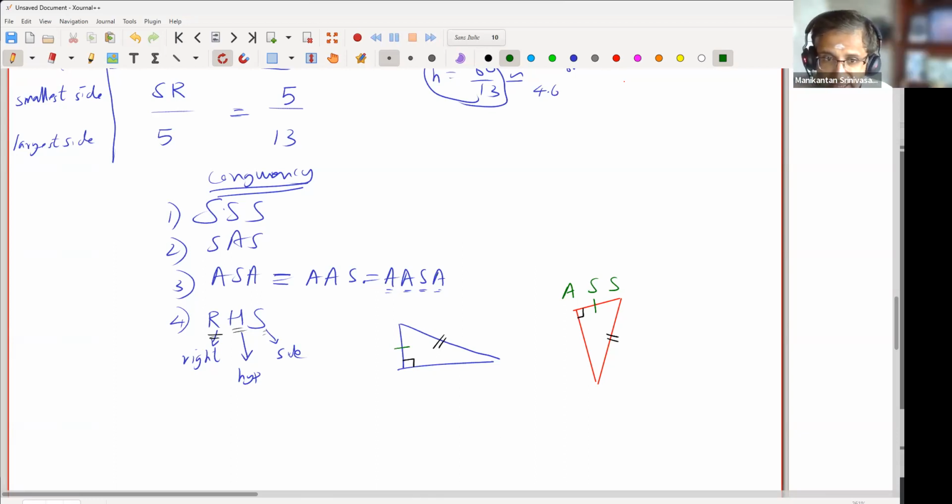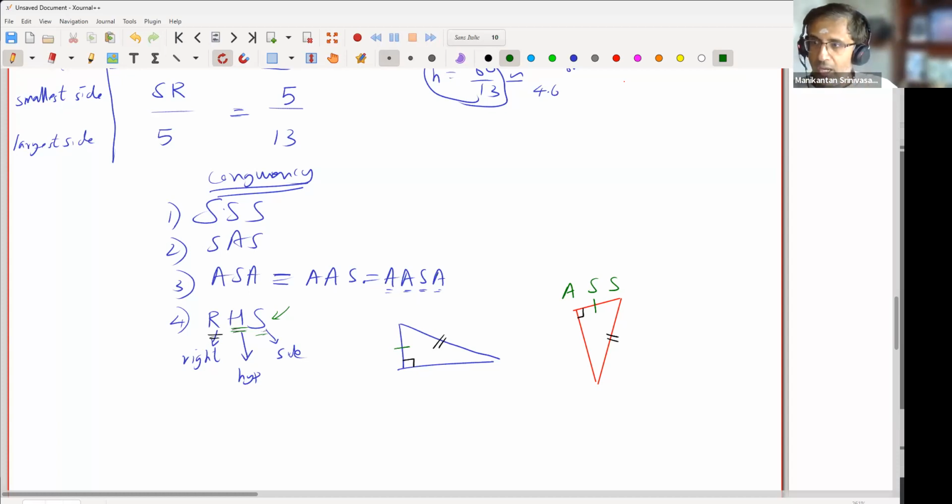The way the property is defined, I've marked a right angle, the hypotenuse, and another side. Is the angle included between the two sides that are given to be equal? No, it's not. Therefore it is not SAS, it is ASS. But we know that ASS does not work. So the answer is not that ASS does not work.